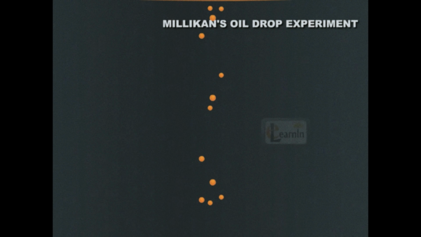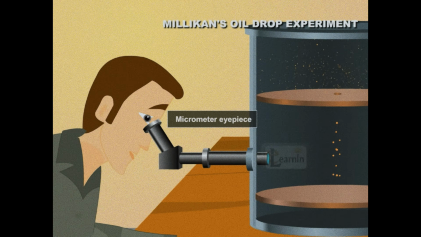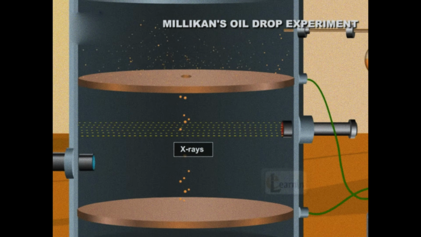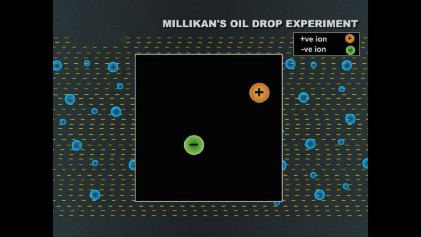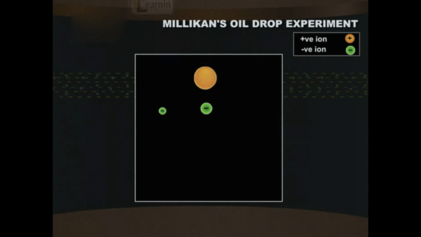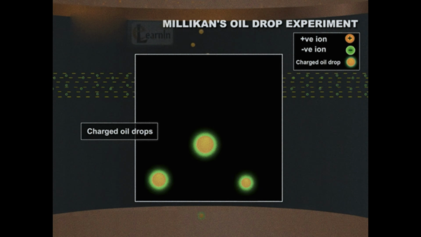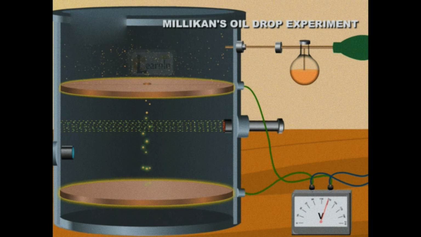The rate at which these drops fall was measured by observing them through a micrometer eyepiece of a telescope. X-rays were passed through the chamber to ionize the air inside. On colliding with gaseous ions, these oil droplets acquire charge. The rate at which these droplets fall can be controlled by changing the strength of the applied voltage to the plate.